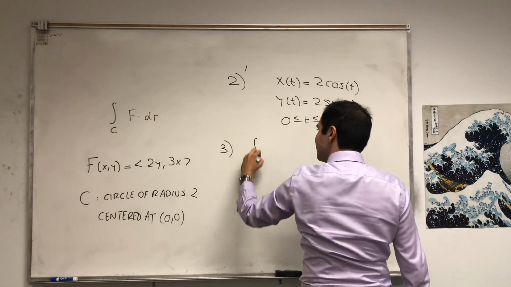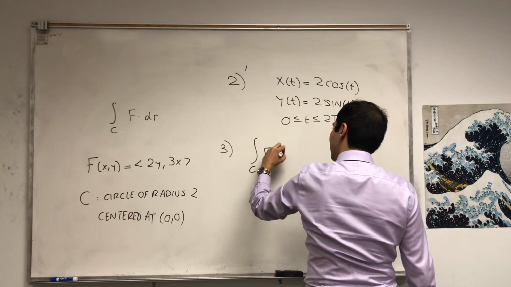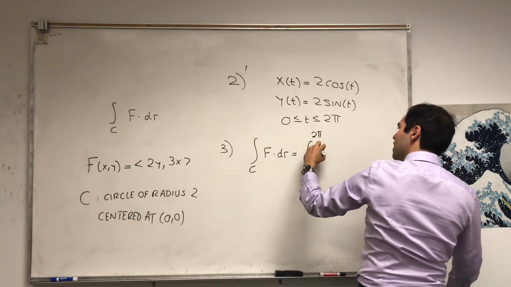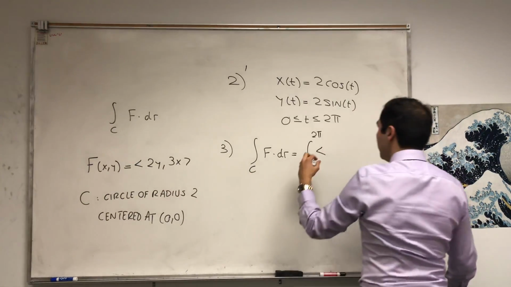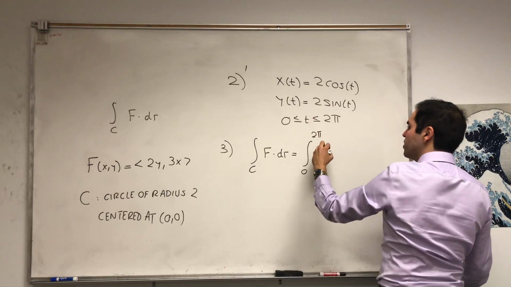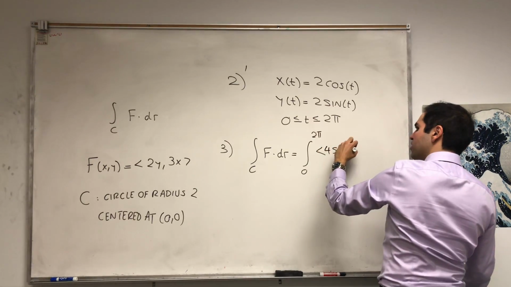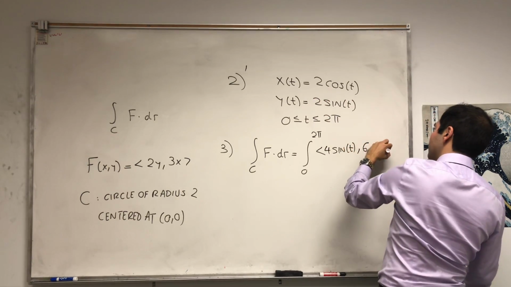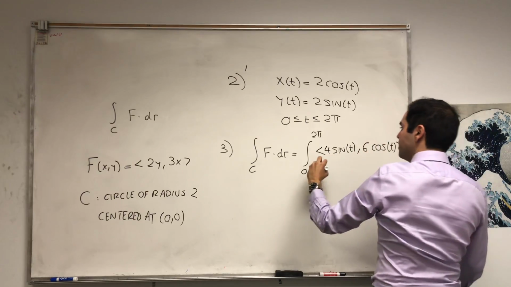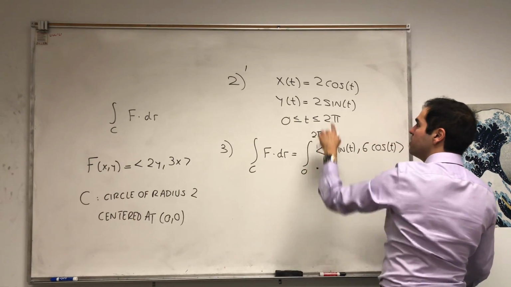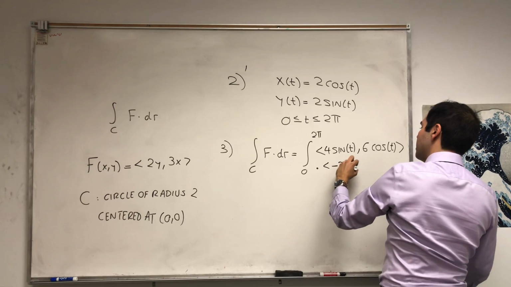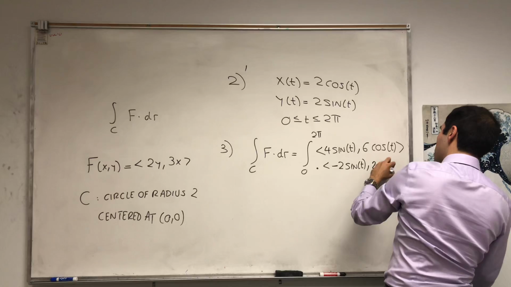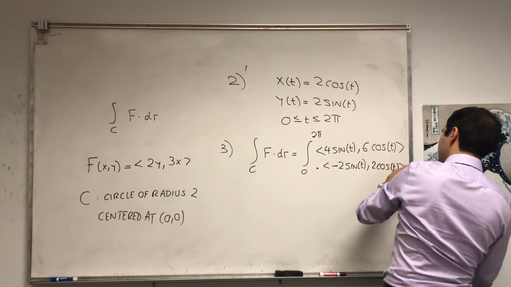Then the line integral over C of F dotted with dr becomes the integral from 0 to 2 pi of 2y, which is 2 times 2 sine of t, so 4 sine of t, 3x, which becomes 6 cosine of t, dotted with the derivative, so minus 2 sine of t, and 2 cosine of t, dt.